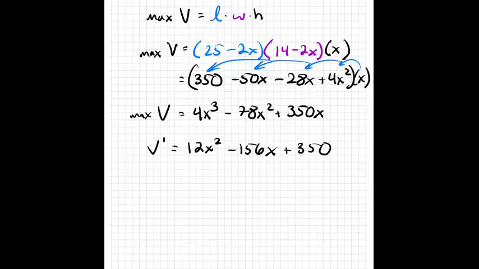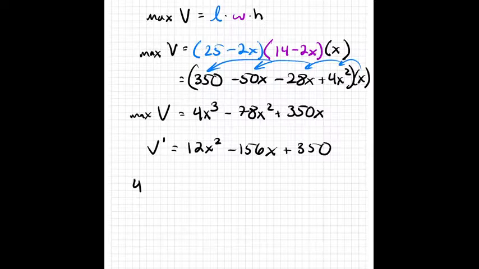Maybe we can factor out 12 from all of these. Hey Siri, what's 156 divided by 12? 13. Hey Siri, what's 350 divided by 12? It's close. It's not divisible by 3. It looks like we can factor out a 4 from everything. So we're basically going to set this as 0 and solve. If I factor out 4, we'll be left with 3x squared, 39x.